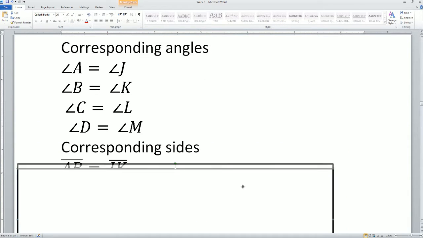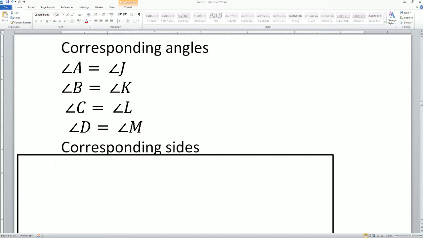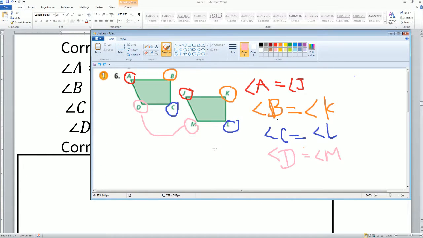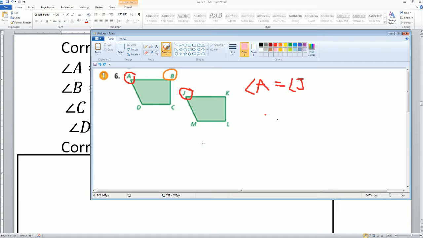Next it asks you for the corresponding sides. So let's do that. Let's do red first.